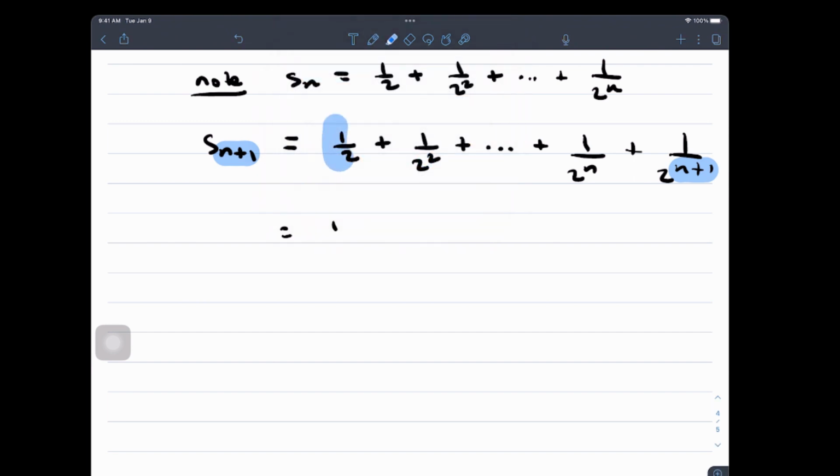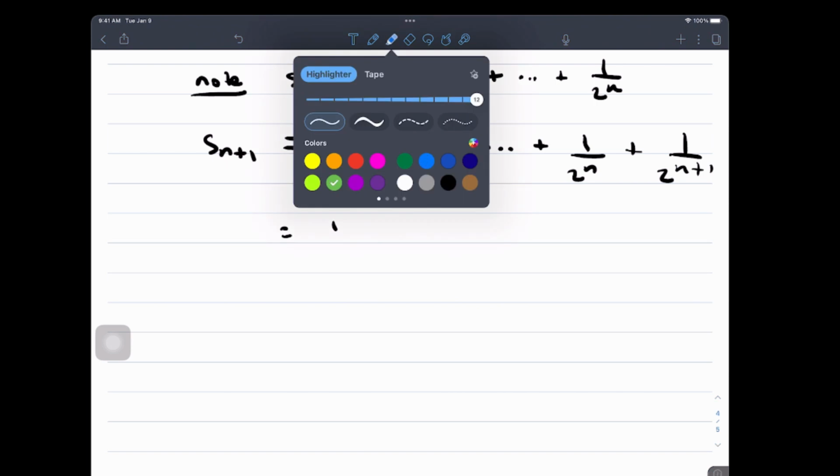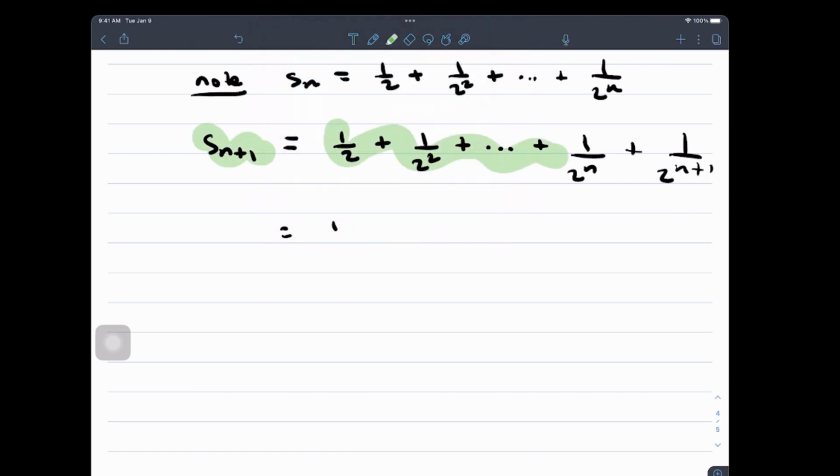Just so you guys know, I think we have to change that color. Okay, just want you guys just to kind of note, that's Sn plus 1 over what? 2 plus 1. Okay, so far so good. You guys okay with that?